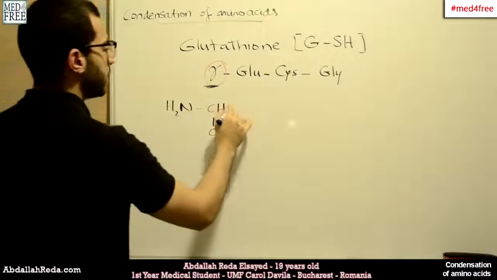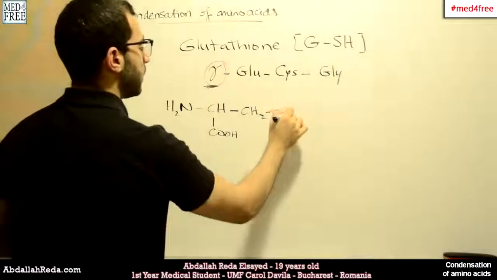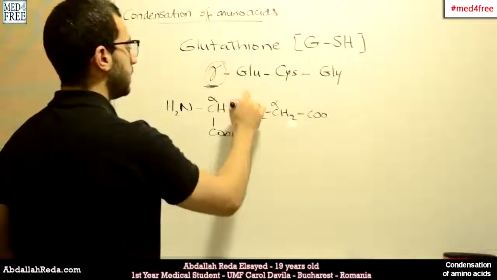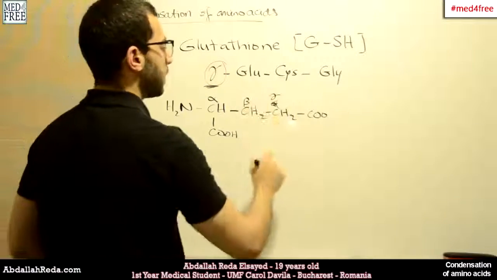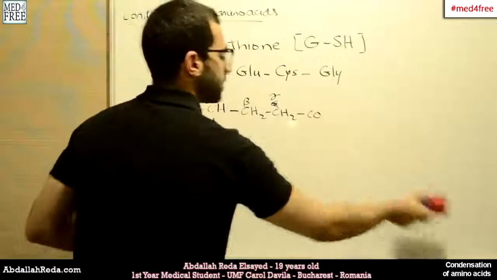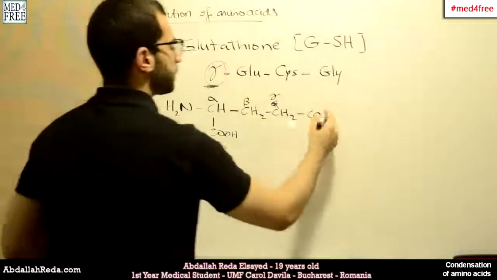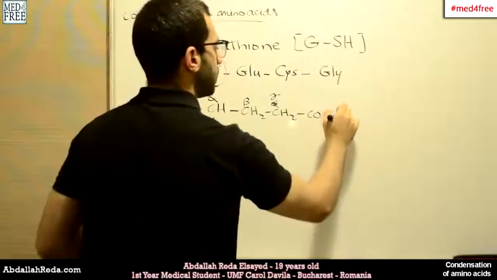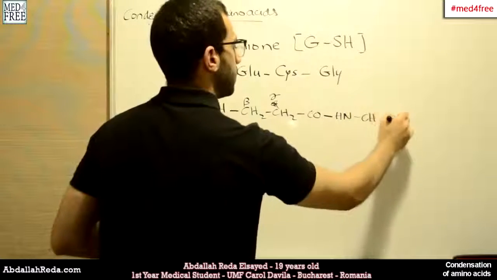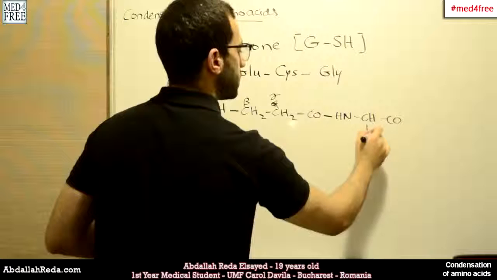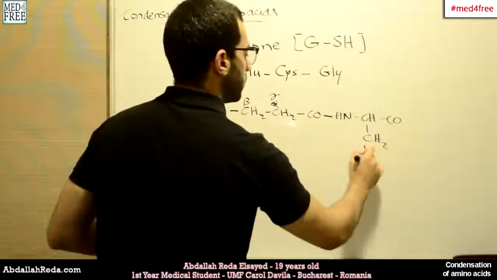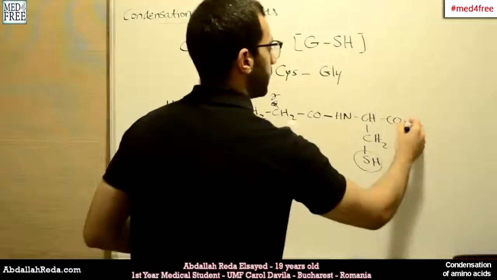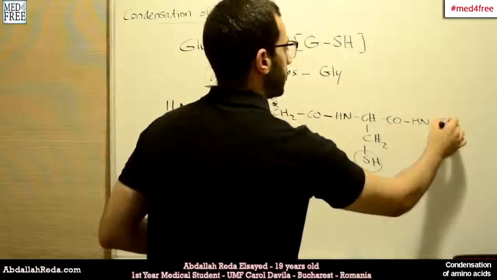This is the basic structure, and then we have the alpha, beta, and the gamma carbon, and then this is the carboxylic group attached to it, and then we will add cysteine, so CO, and cysteine is CH2, and we have the thiol group, the SH group, and then we will have glycine.